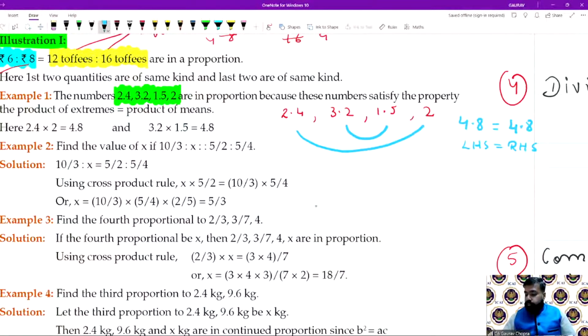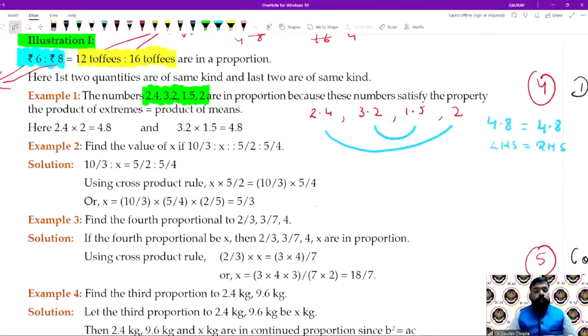All right. Yes, perfect. So this was the cross product rule. Second one, find the value of x. This time we have to compute the value of x. If the question says 10 by 3 ratio x, now for proportion, in place of the equal to sign, we can place 4 dots. That means the 2 colon sign can be kept in place of equal to.